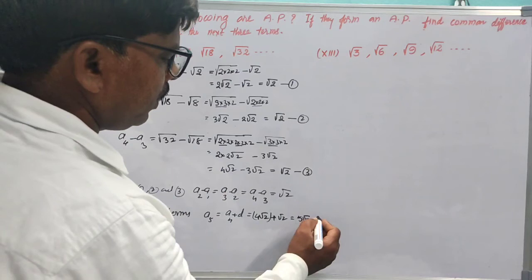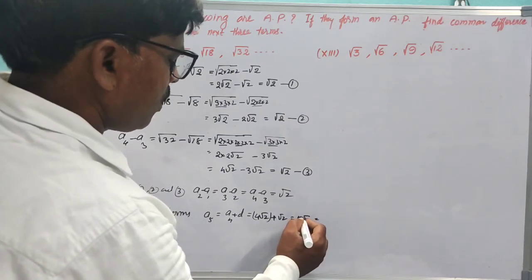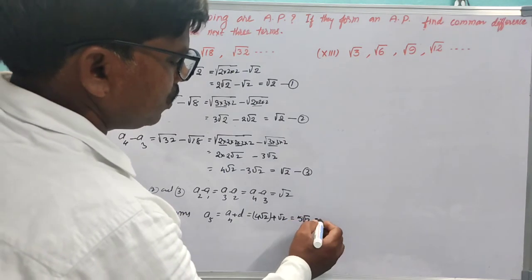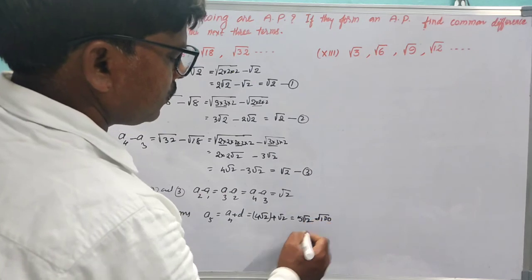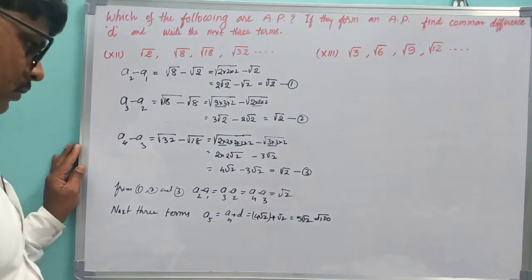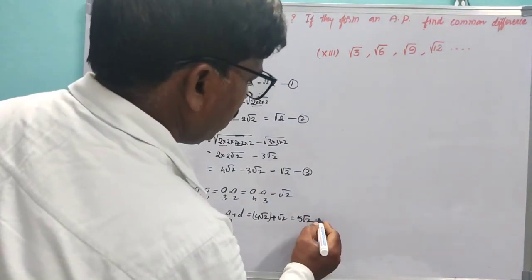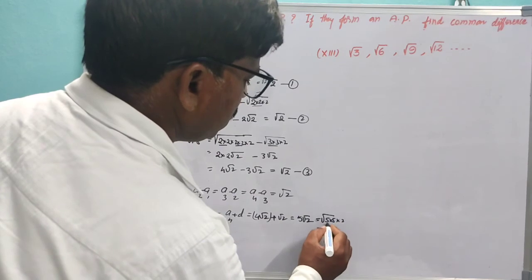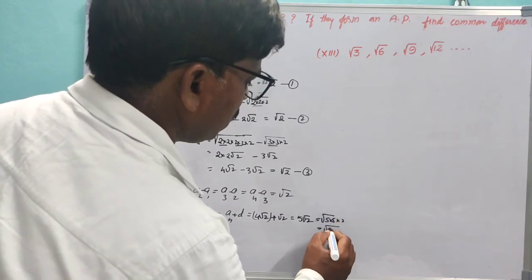Or we can write under root 5 into 5 into 2, which is equal to under root 25 into 2, so under root 50.